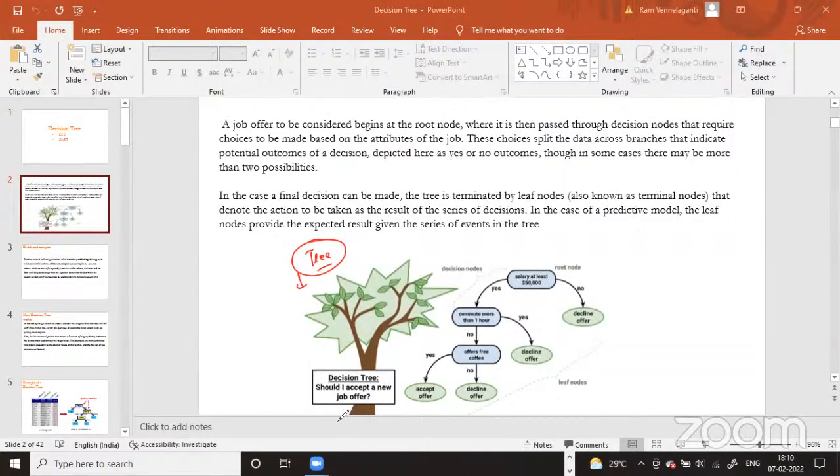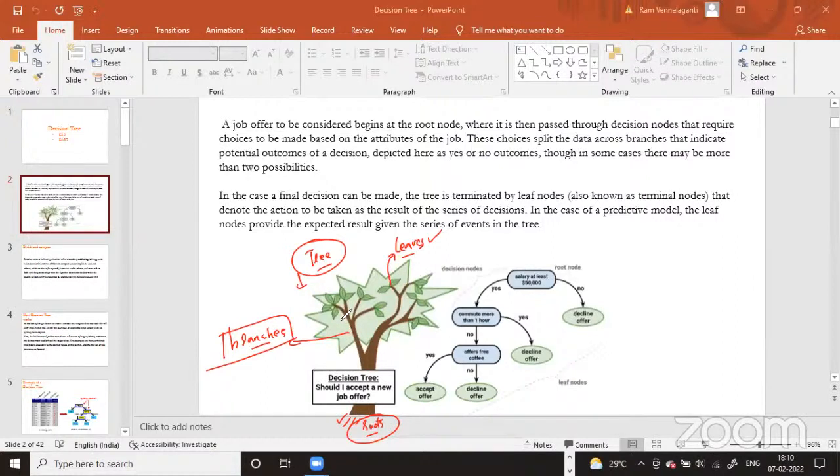We have our roots at the bottom, these are our branches, and these are our leaves. These are the major parts of your tree.